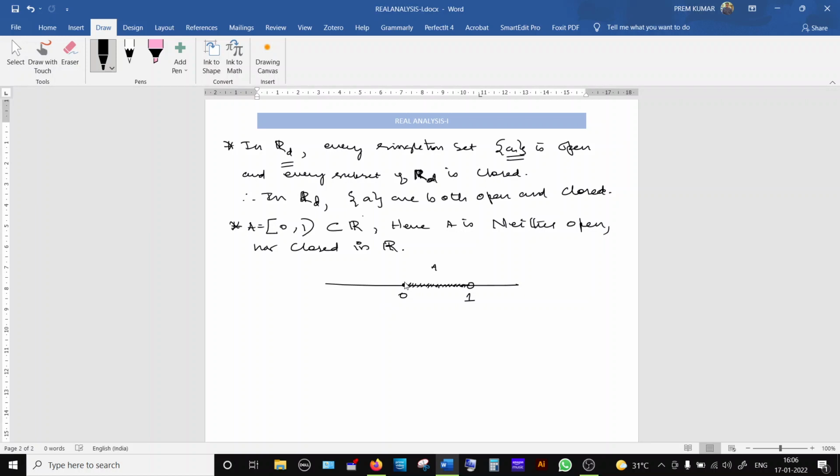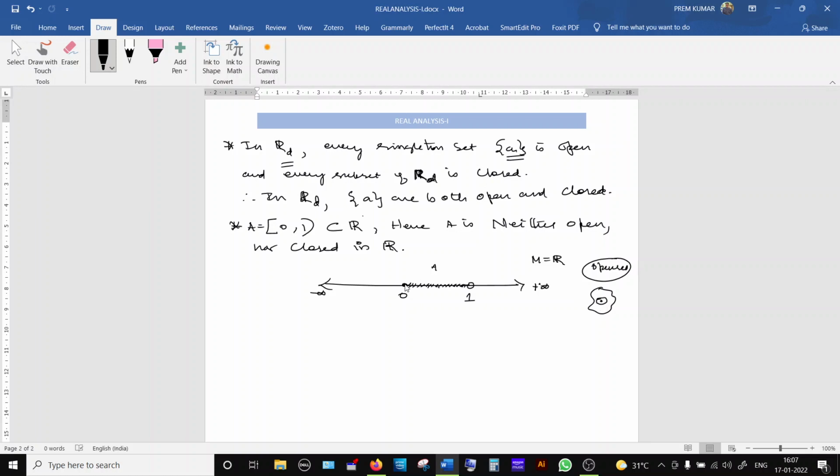This set is not open because we consider the entire real line as the metric space, and the entire real line is the metric space. So what is the definition of an open set? A set is said to be open if whatever element we take, we can construct an open ball such that it is completely inside.